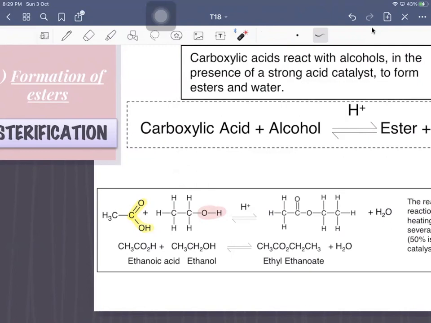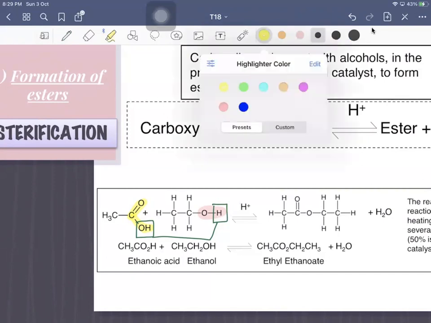What happens during esterification is that we lose the OH of the carboxylic acid, and we lose the hydrogen of the hydroxy group from alcohol. Together they form H2O.